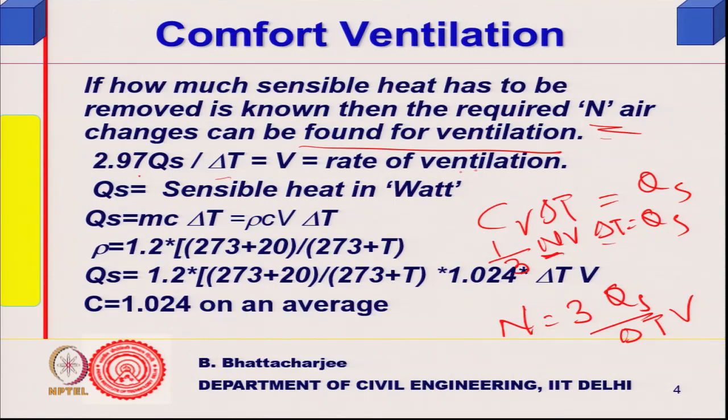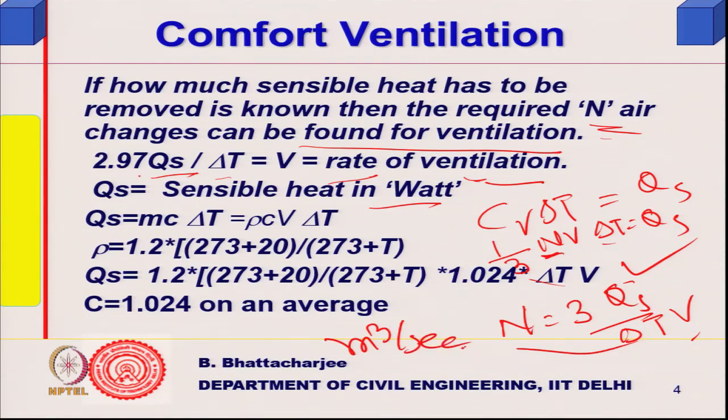The number of air changes can be found out from the sensible heat, and this is per meter cube of the room volume actually. This will come out to be the rate of ventilation per meter cube of the room volume, or we can calculate how much meter cube per second I want to find out, because this is what I will be using later on.